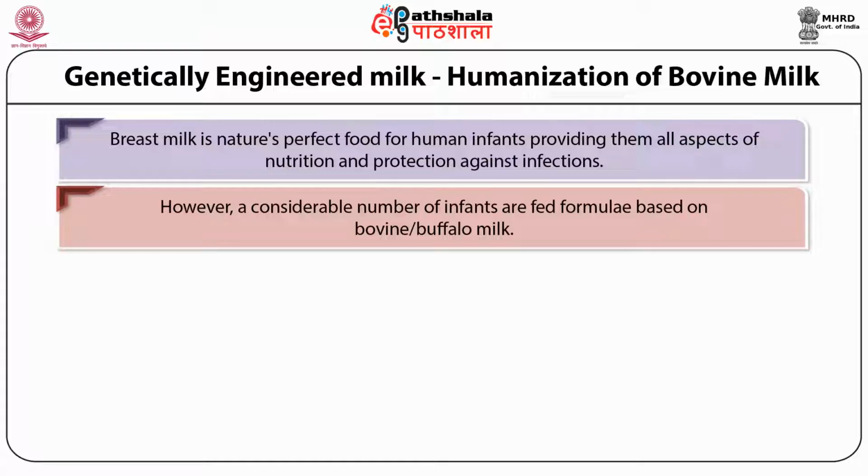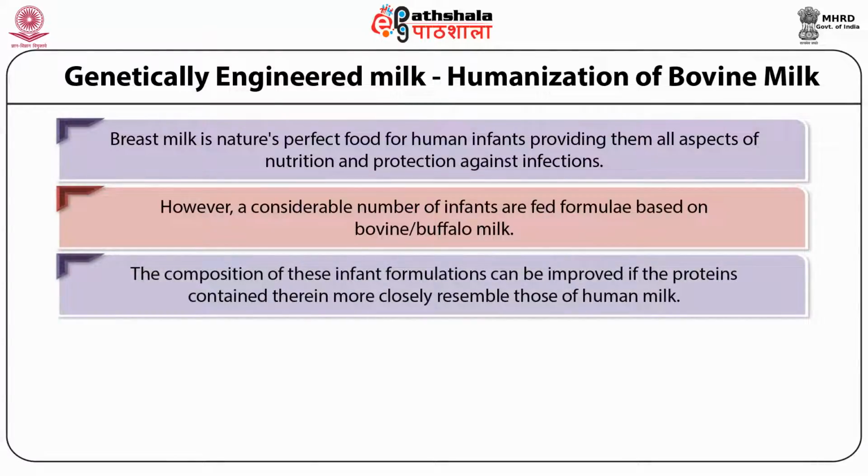For this reason, we have to manipulate the protein quantity or composition. We have to lower the protein composition so that it can be easily digested by the infant or baby. In this regard, people have even tried to change various proteins or their enzymes.